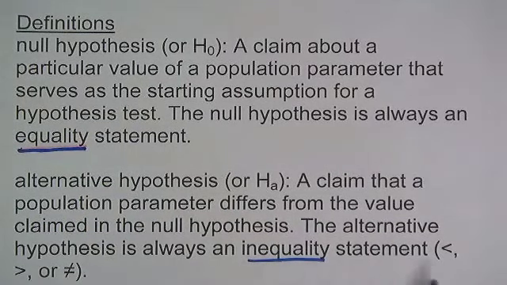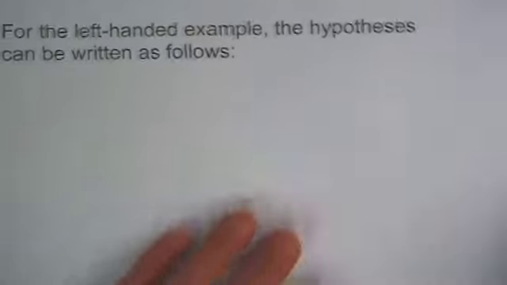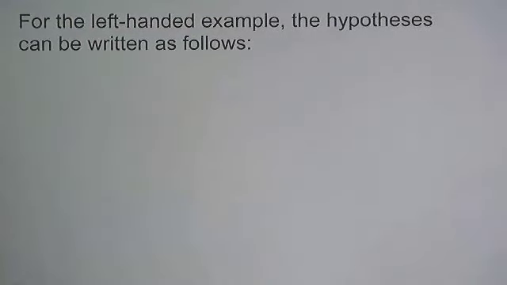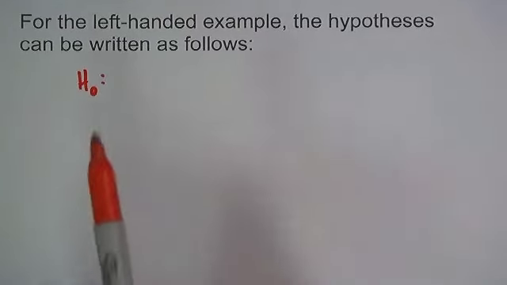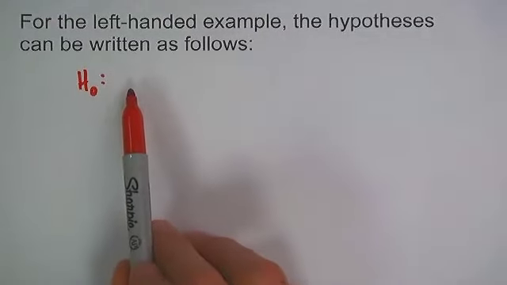So we have equality statements for the null hypothesis, inequality statements for the alternative hypothesis. The inequality symbols that we can use here are either the less than sign, the greater than sign, or the not equal to sign. All right, so if we go back to the left-handed example, the hypotheses can be written as follows. Again, they always need to go in pairs. My null hypothesis always needs to be my parameter equals something.